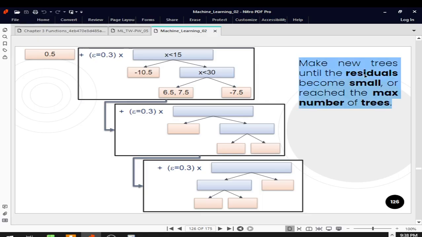It says make new trees until residuals become smaller or reach the max number of trees. Reaching the maximum number of trees means that we decided the number of trees beforehand, so when we reach it we stop. Or when the residuals become smaller, it means, if you remember that elbow thing, when you see that the models that you add are not bringing any significant improvement, we stop there.